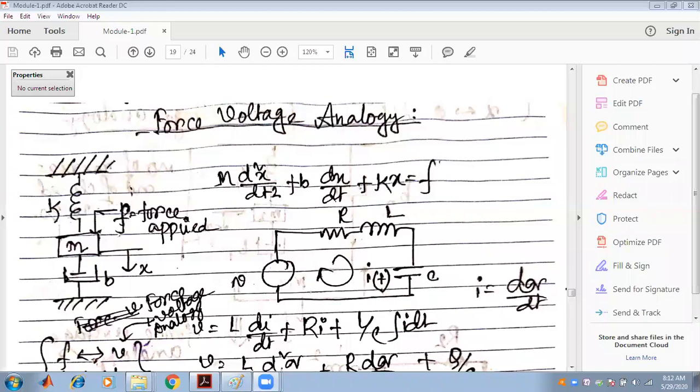So today we will discuss the force voltage analogy. First we will discuss the force voltage analogy, meaning how force and voltage, or a mechanical circuit, can be replaced by an electrical circuit or electrical equivalent circuit.